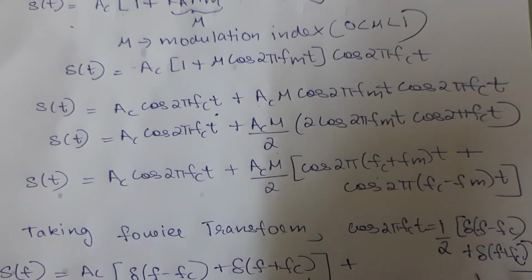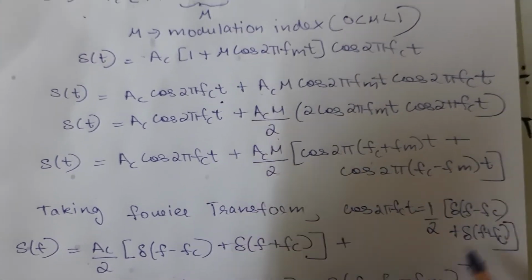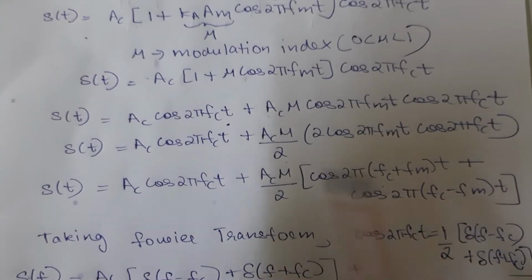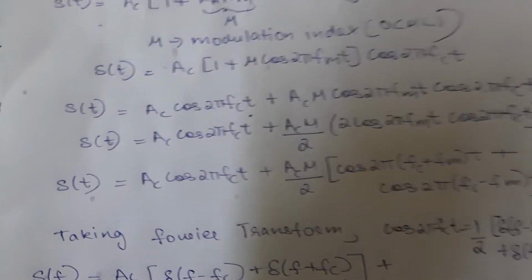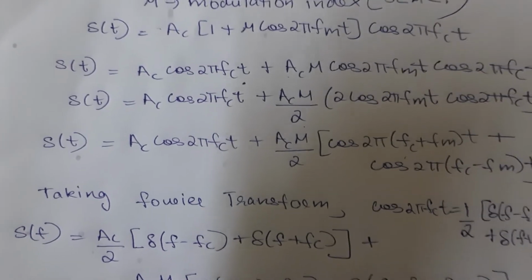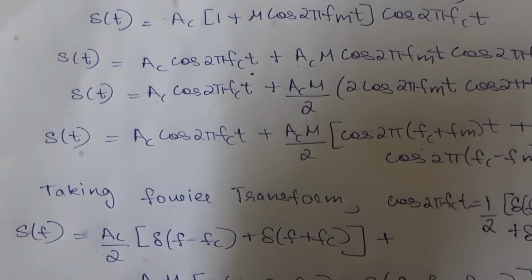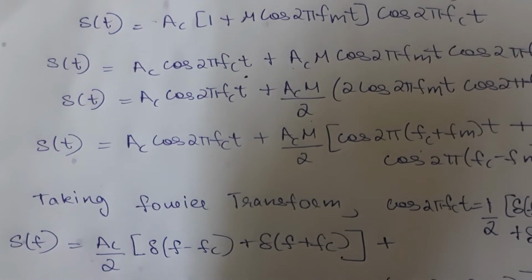Now let us write the Fourier transform using this formula. Now Ac cos 2 pi fc t: what will be the Fourier transform for this? That will be Ac by 2 delta of f minus fc plus delta of f plus fc.